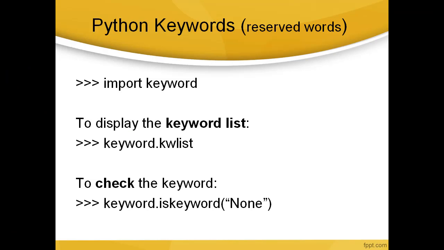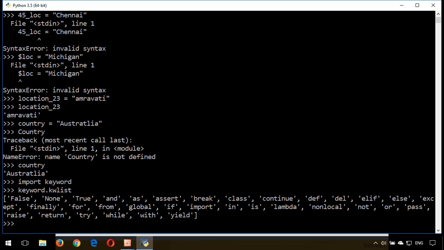Now to check a keyword, there is a method provided, keyword.iskeyword. With the value, it will say whether it is a keyword or not. For that, let me try keyword.iskeyword of 'if'.